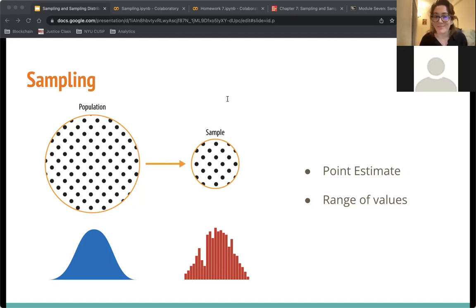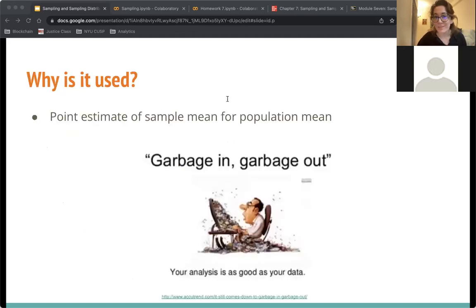And why do we use this approach? Well, we have to take a sample because it would be infeasible to really measure the entire population. For example, we use survey data to understand more about the population it represents, compared to something like the census, which is taken every 10 years and is supposed to exhaustively measure every single individual in the United States, compared to a sample, which just takes a smattering of the entire population.